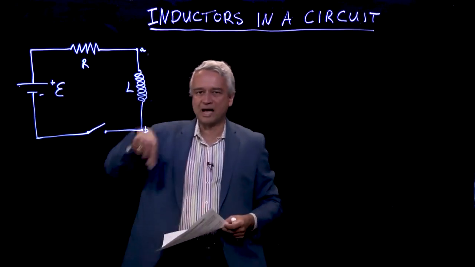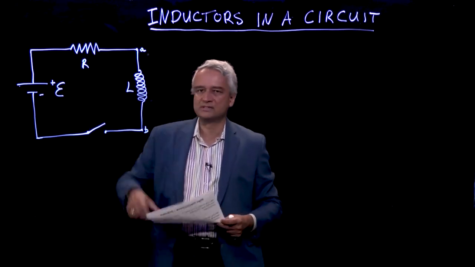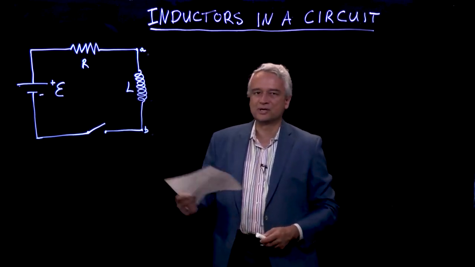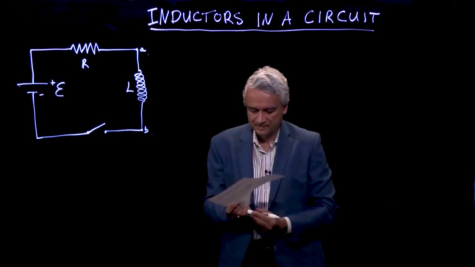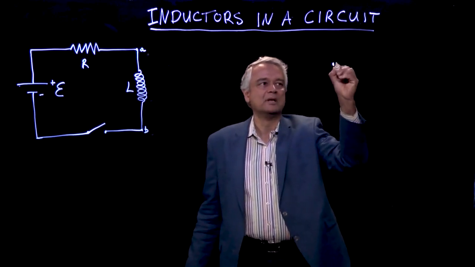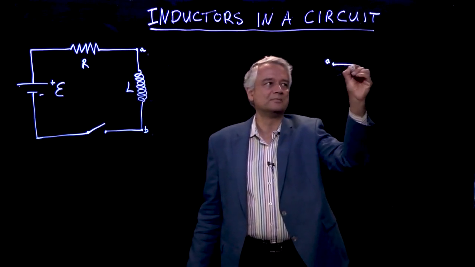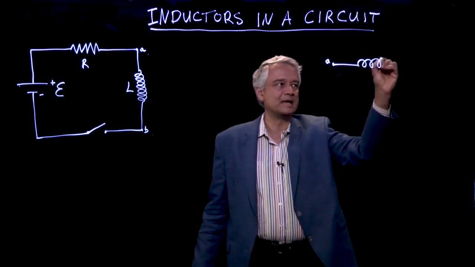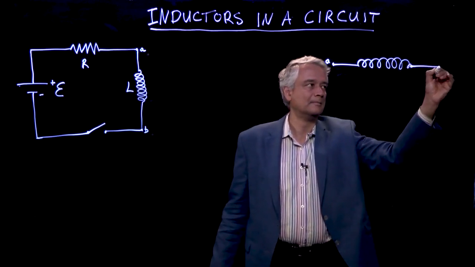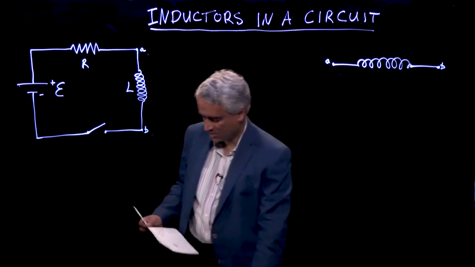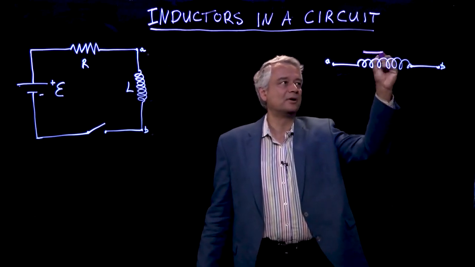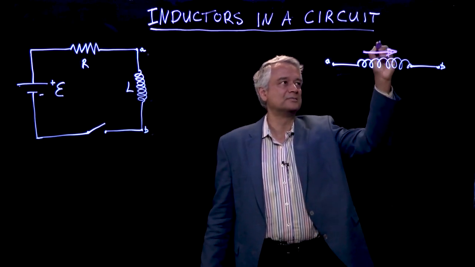So before I do the exercise of walking through this circuit and turning the circuit into a differential equation, let me just be careful about signs, and I'll do that over here. Suppose I have an inductor between points A and B, and let's suppose that there is a current flowing through this inductor in this direction.